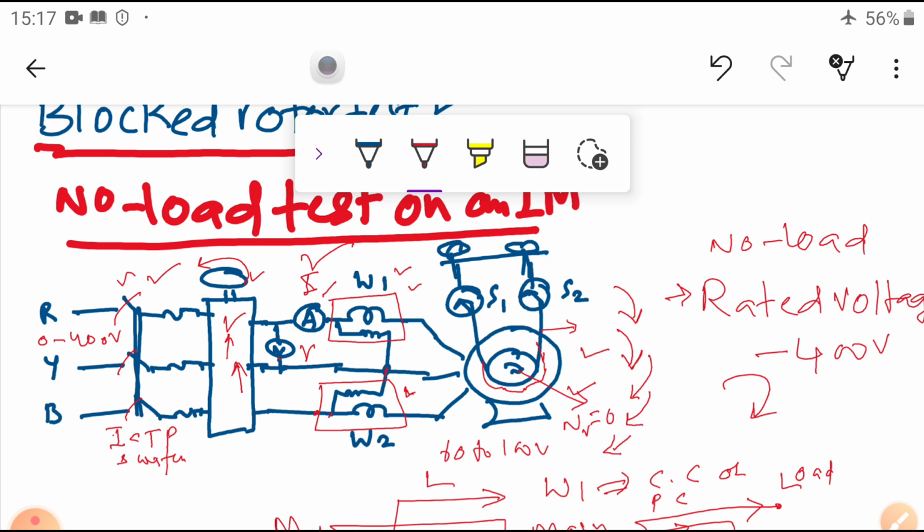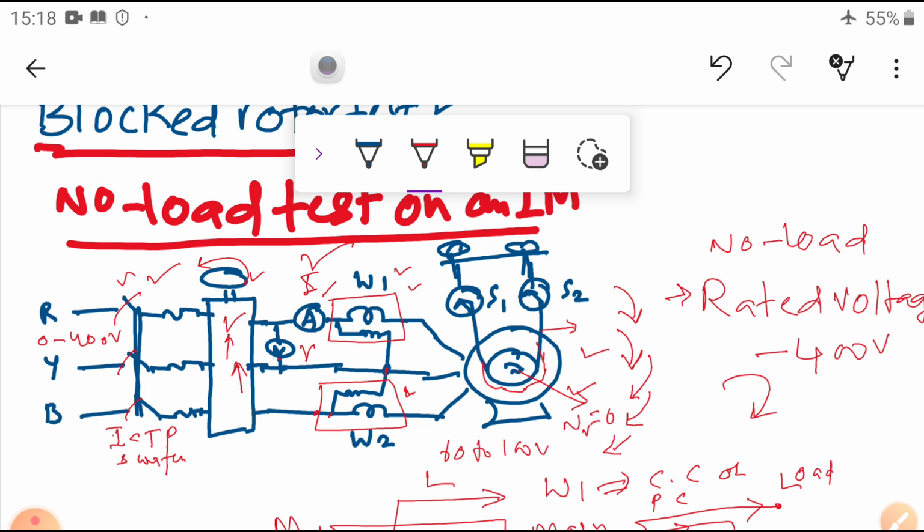And W1 is connected between the R phase and Y phase. The CC coil is connected in series and the PC coil is connected between R and Y. Similarly, the second wattmeter W2 is connected between the B and Y phase, with the CC coil connected in the B phase and the PC coil connected between the B and Y phase.